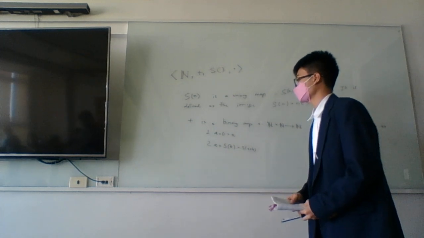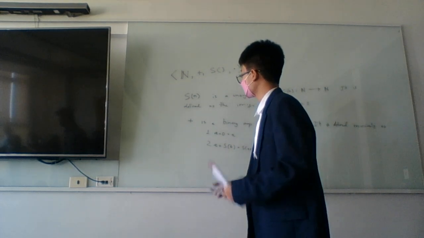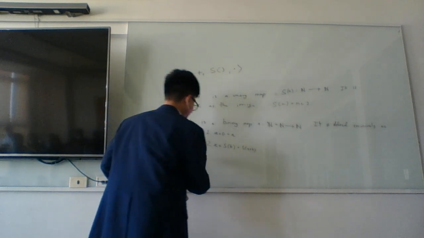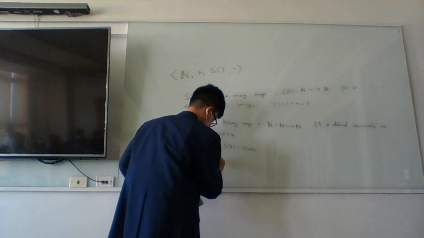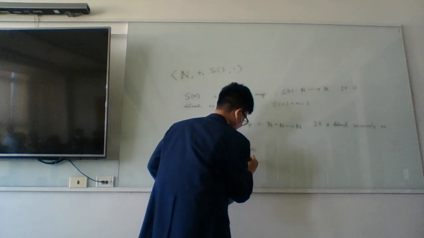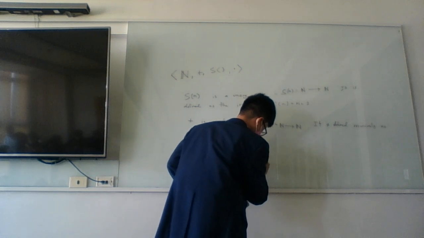Okay. So lastly, the multiplication operator is also a binary map, which takes in two natural numbers and gives a natural number.